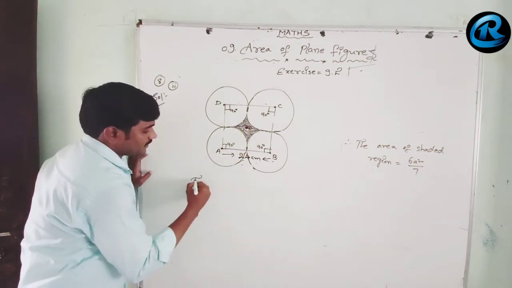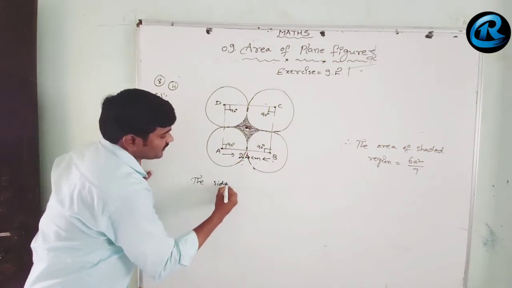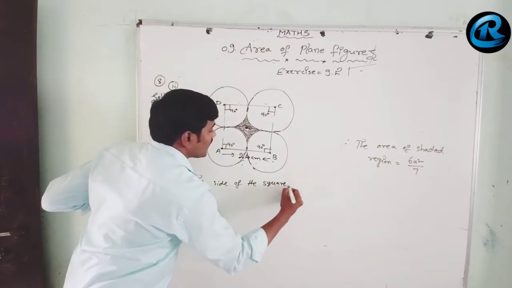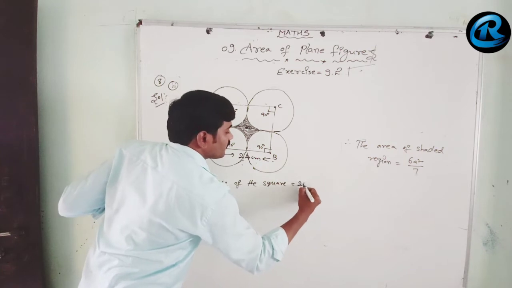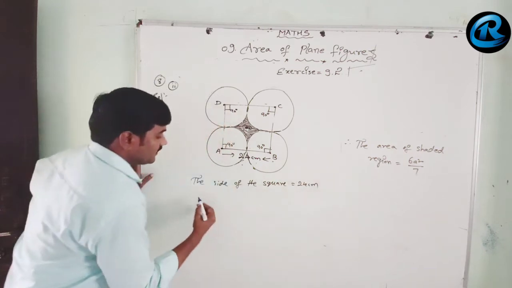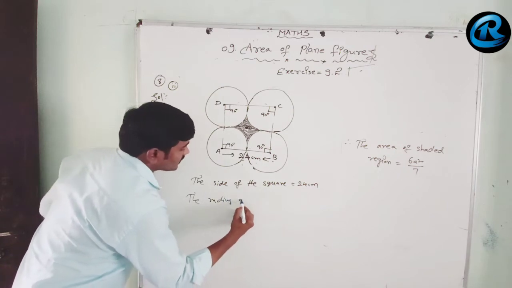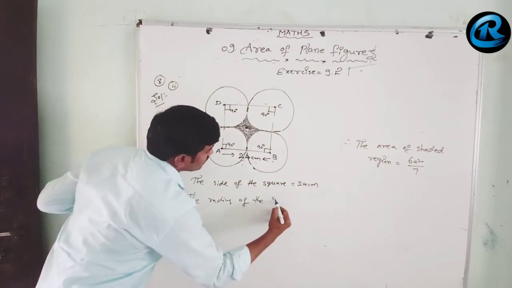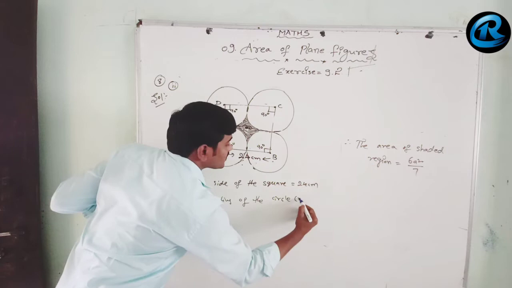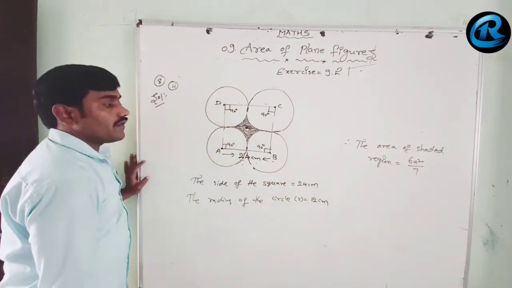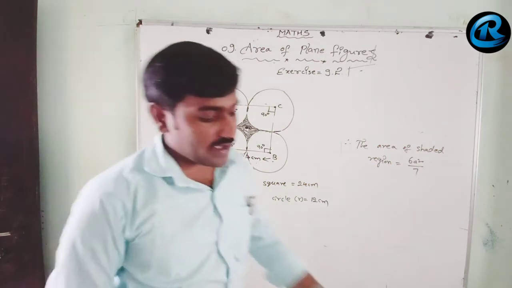The side of the square is equal to 24 centimeters. Then the radius of the circle, r, is equal to 12 centimeters.